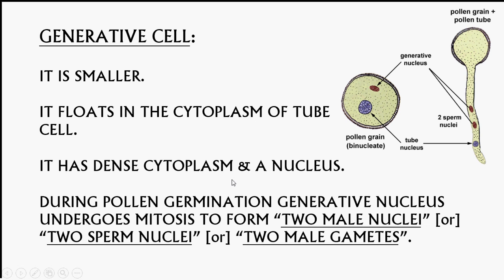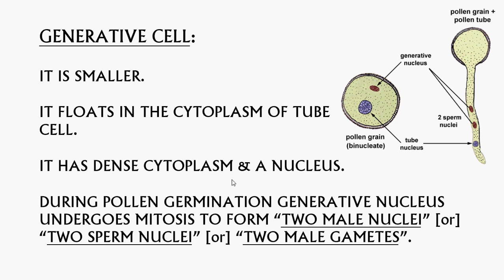During pollen germination, the generative nucleus undergoes mitosis to form two male nuclei, or two sperm nuclei, or two male gametes.